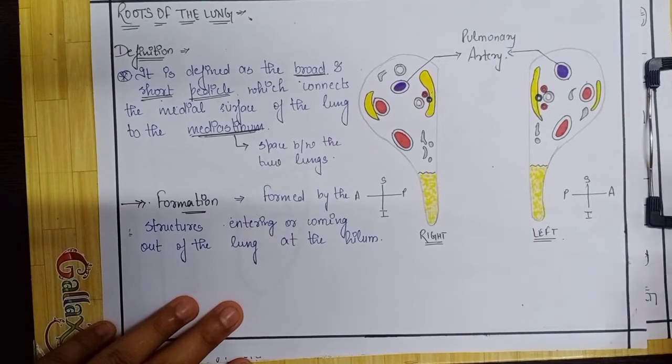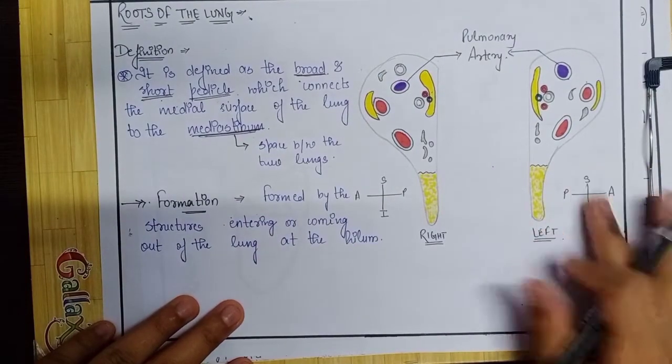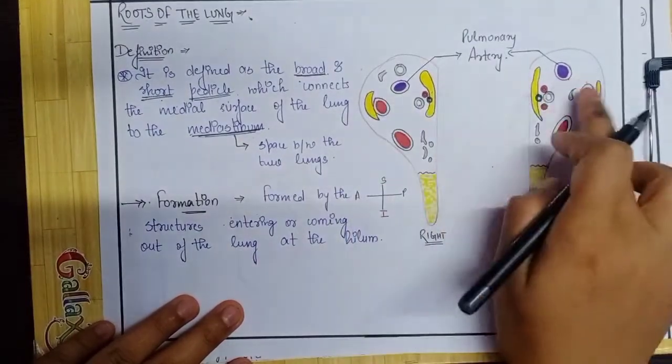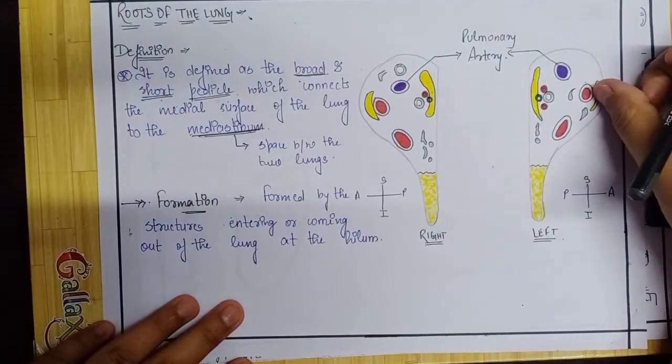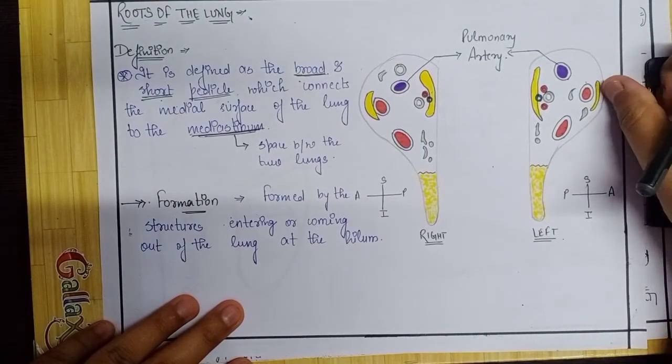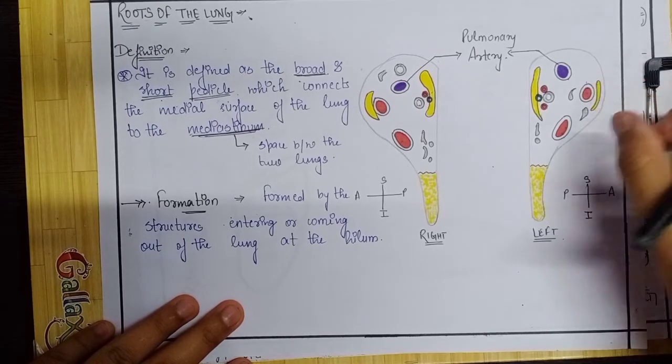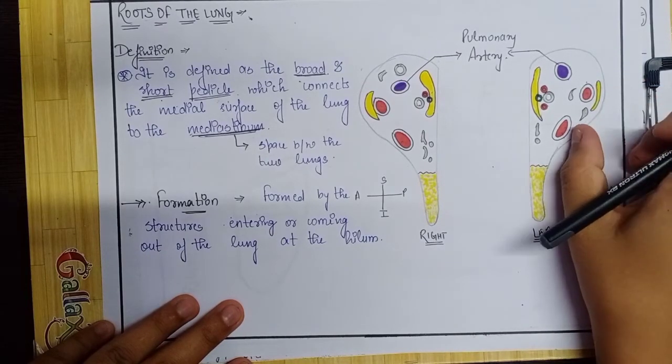Obviously, which is the superior and which is the inferior? This is the superior pulmonary vein; superior means the one which is above. And the one below is the inferior pulmonary vein.